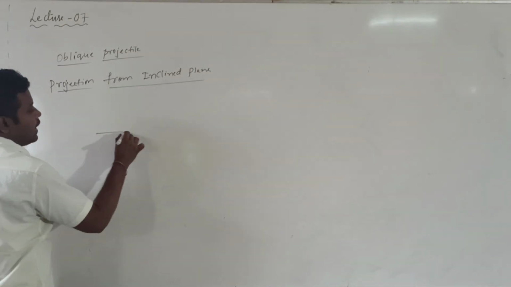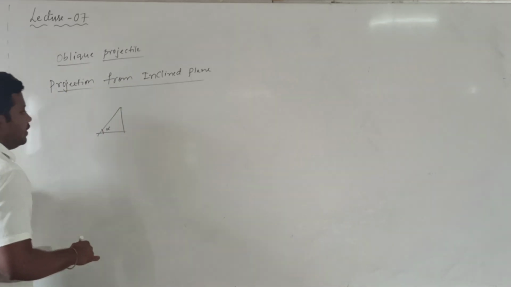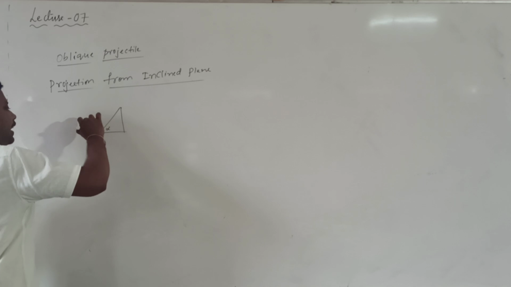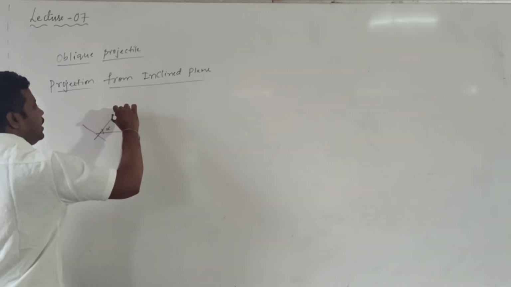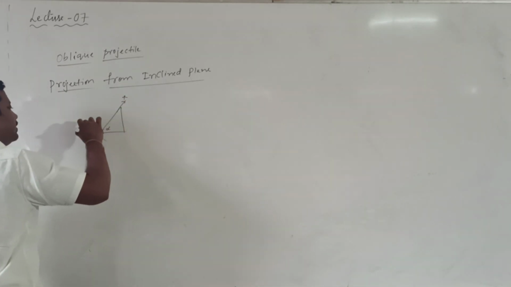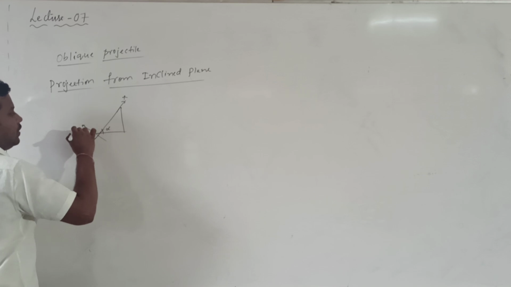Let me consider an inclined plane. The angle of inclination, let me call alpha. Along the inclined plane, let us consider the x-axis, and normal to the inclined plane, normal to the slope, let us consider the y-axis. So this is our y-axis.